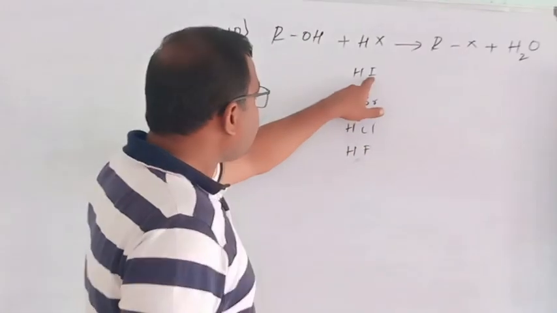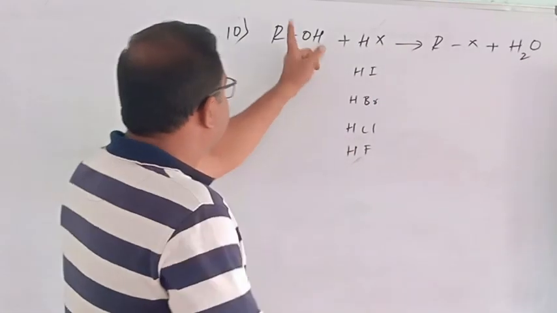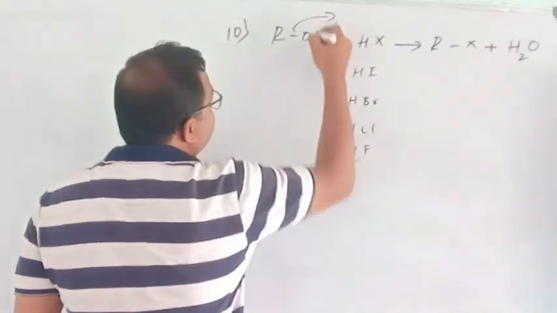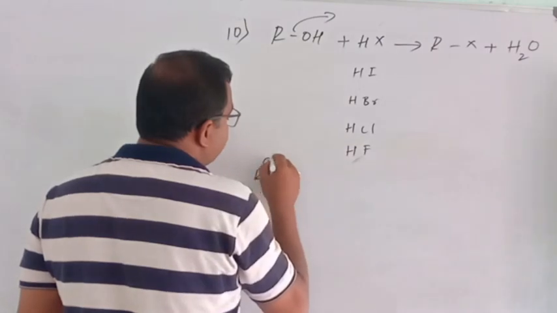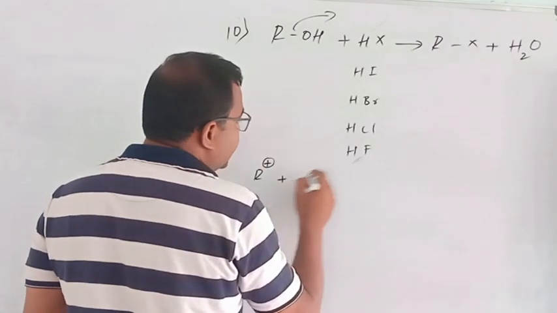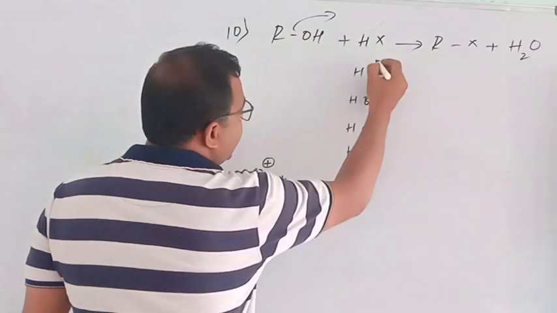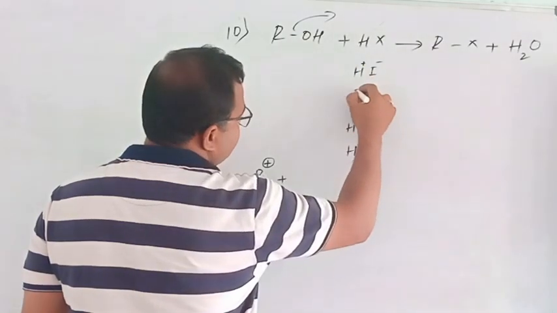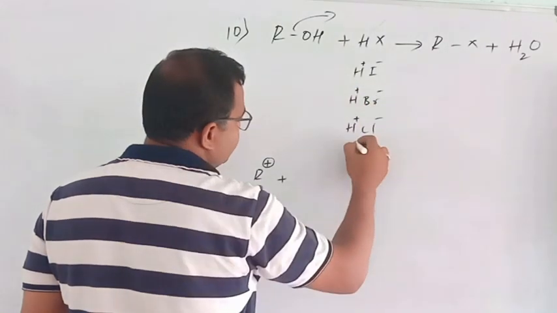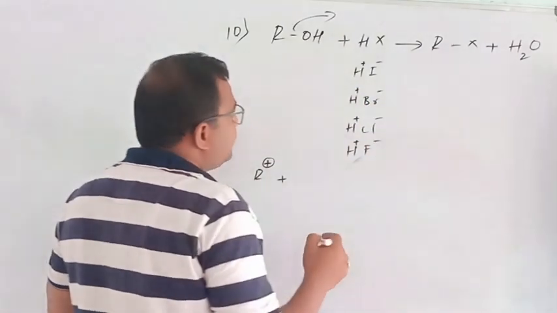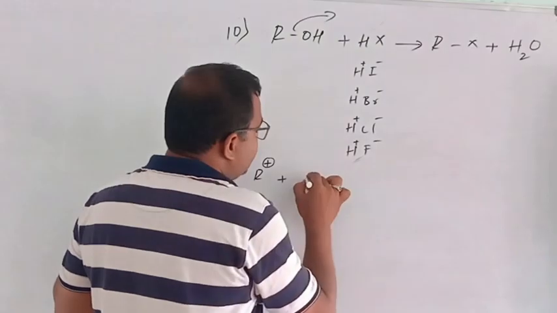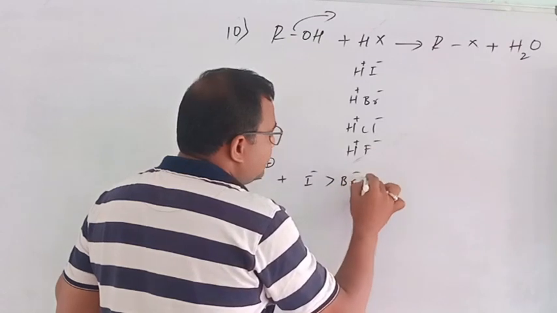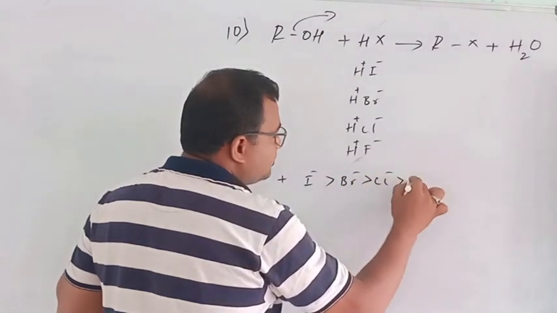Now you know that when this bond gets separated out, this will get the positive charge, a carbocation, and the halide gets the negative charge. Now, in this, more reactive is iodine. Iodide is more reactive than bromide, which is more reactive than chloride, which is more reactive than fluoride.